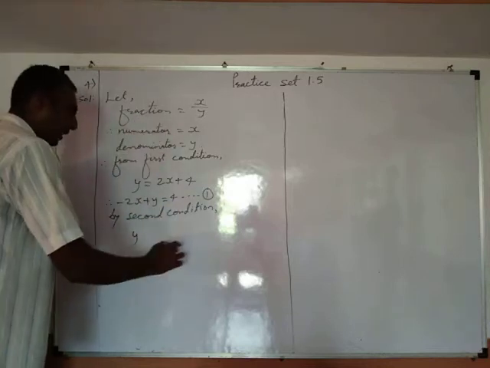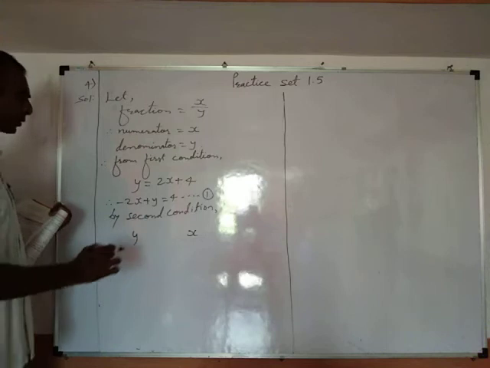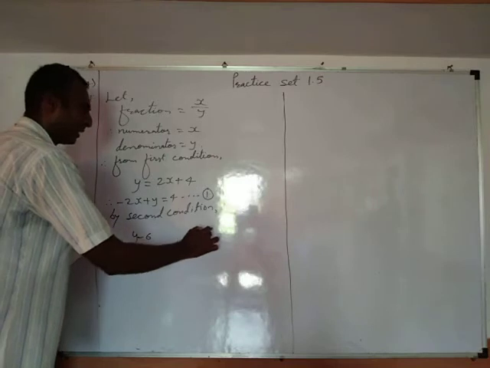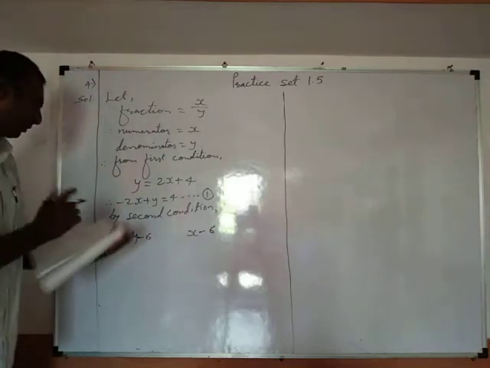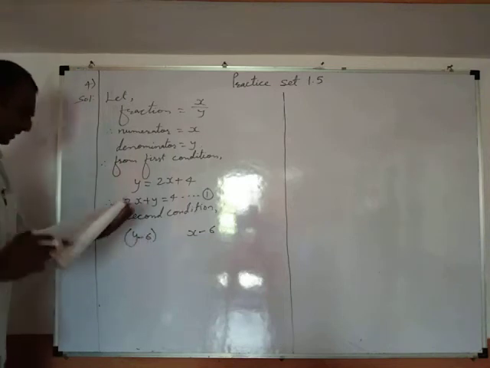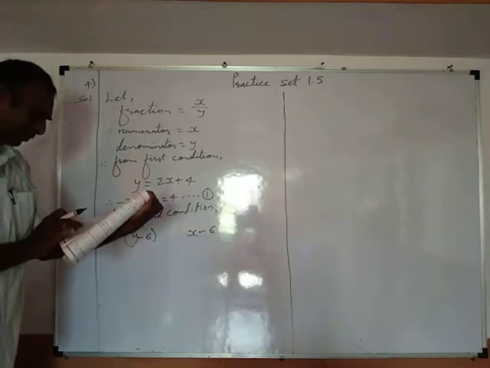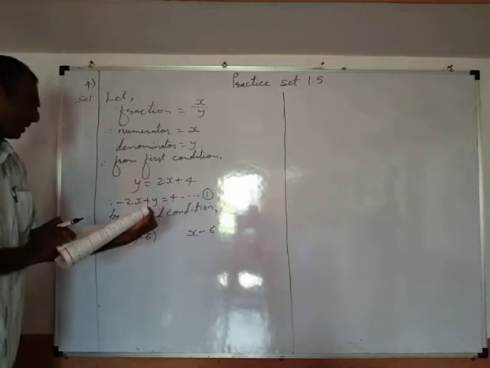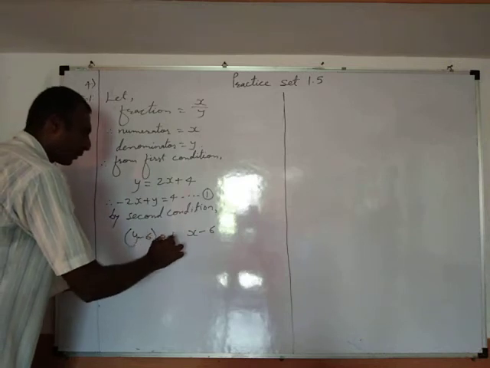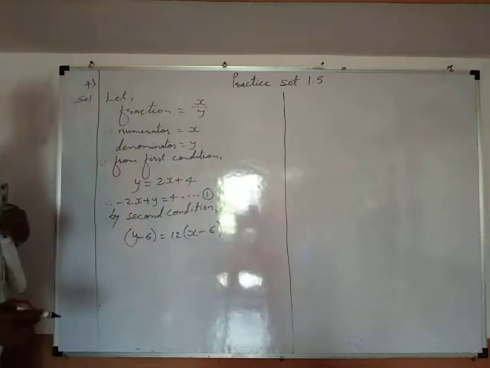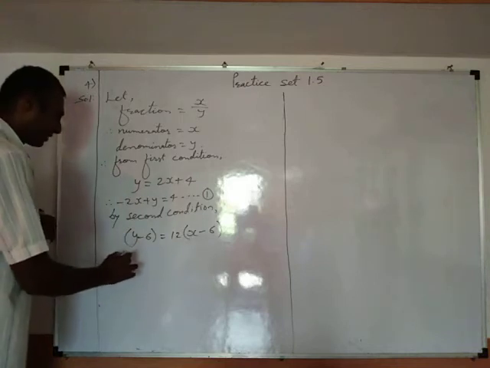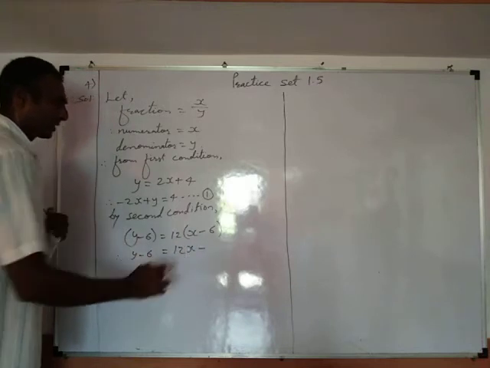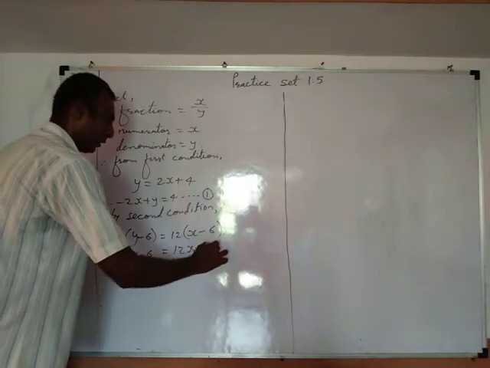Denominator is here y and numerator is x, and to reduce these numerator and denominator by 6 means y minus 6 and x minus 6. Now if we reduce denominator by 6, it tells us that denominator becomes 12 times the numerator, means y minus 6 must be equals 12 times x minus 6. Okay, and therefore let's simplify it. y minus 6 equals 12x minus 12 times 6, which is 72. Okay.